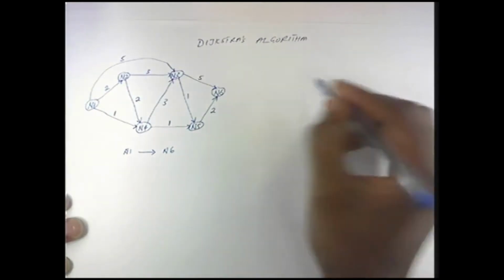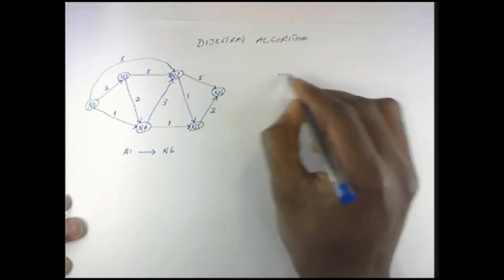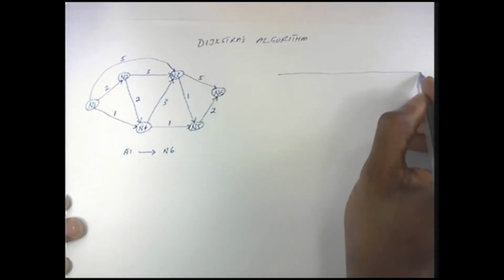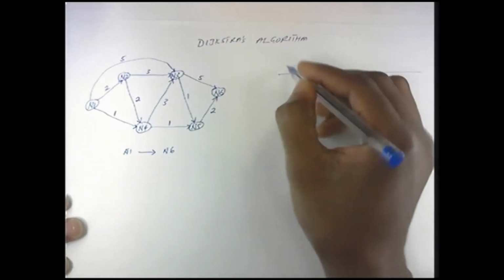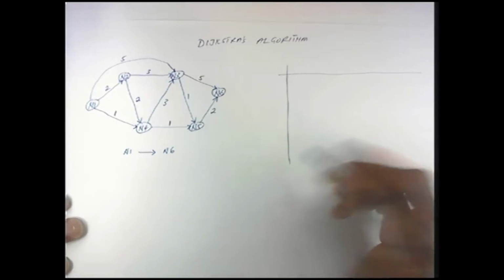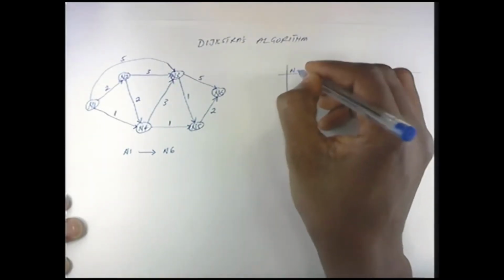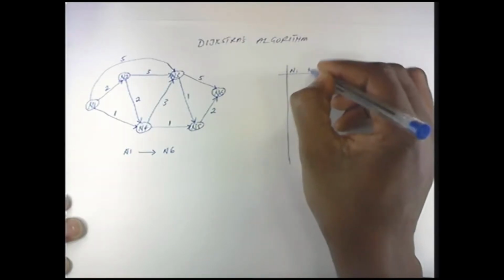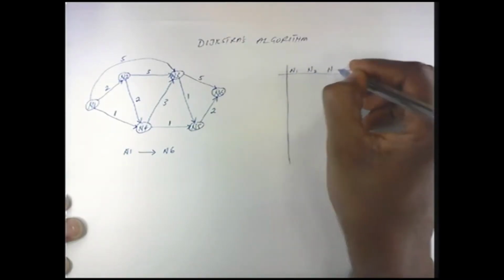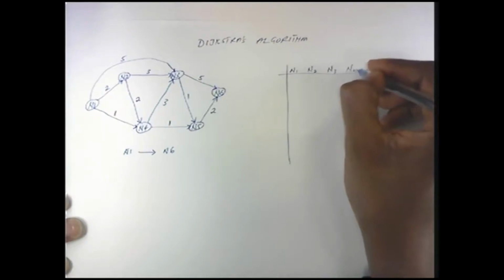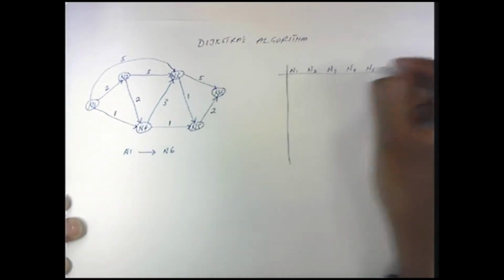We'll start off by drawing our table. And in this we will put node 1, node 2, node 3, node 4, node 5, and node 6.